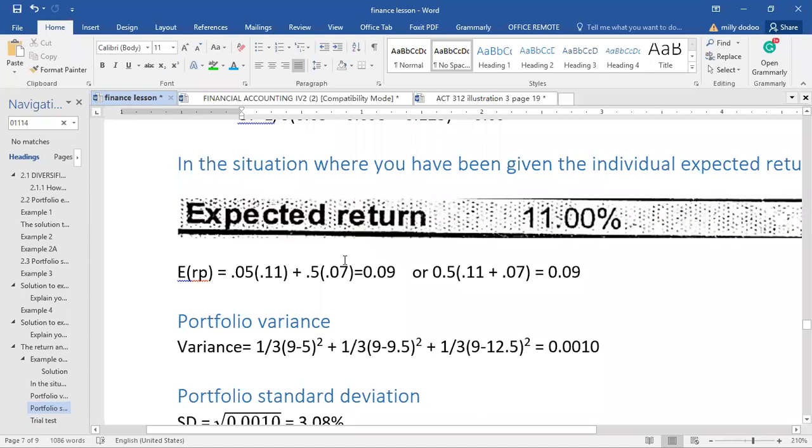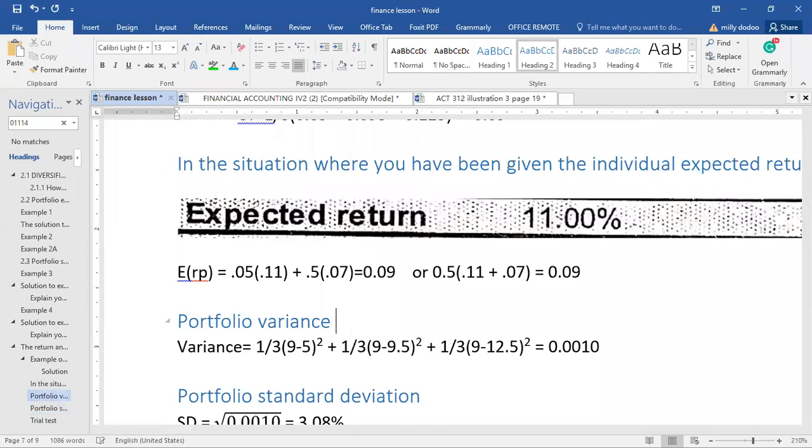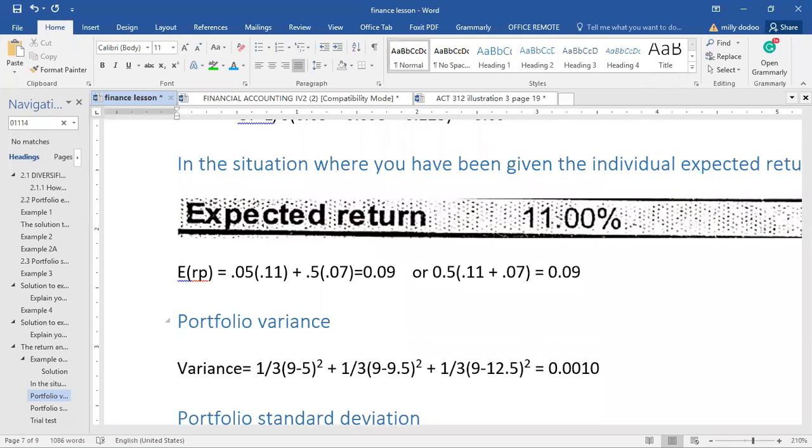The portfolio expected return we have now is 9%. So if you are saying that variance is equal to the probability, bracket open, the expected portfolio return minus the individual required return.